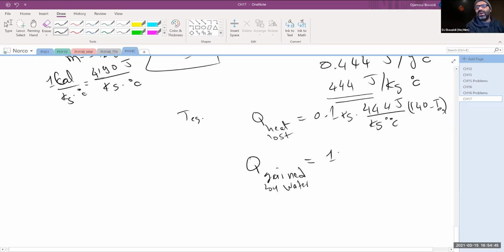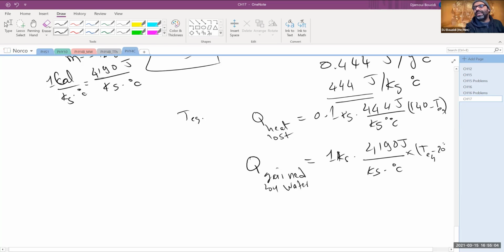So it's going to be 1 kilogram, 1,000 grams, and I need 4,190 joules per kilogram per degree Celsius, times the water temperature rise, from 20 degrees up to T equilibrium.